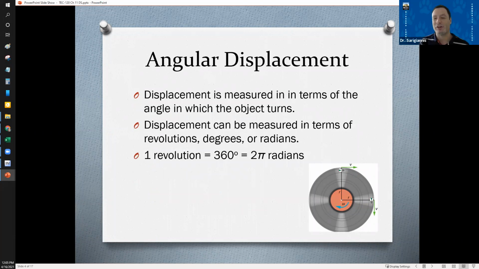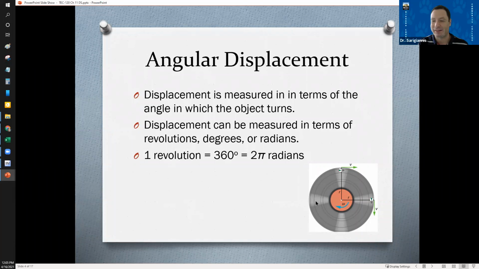Let's start with fundamentals here. Angular displacement. What we typically do here is look at the angle through which an object turns. Displacement is measured in angular units like degrees, revolutions, or radians.